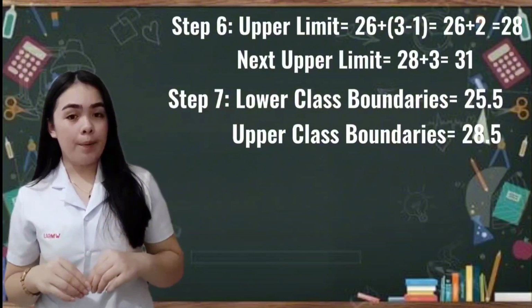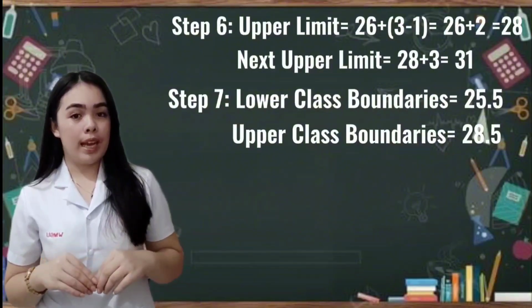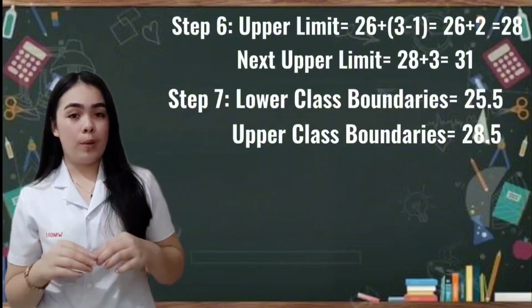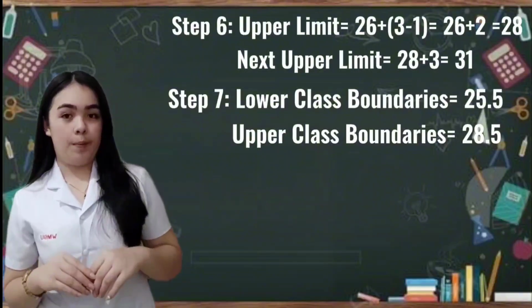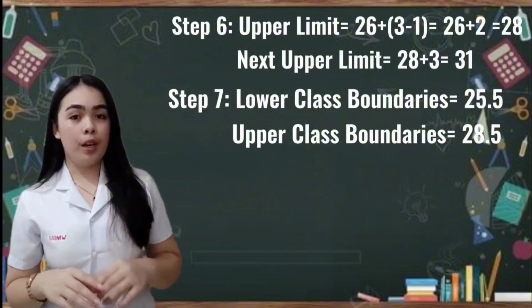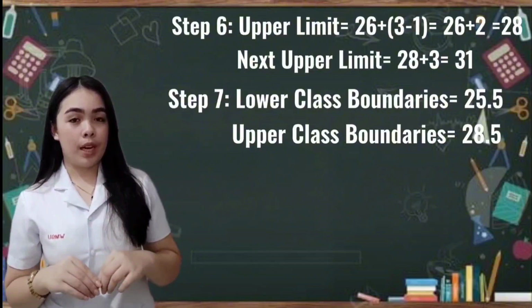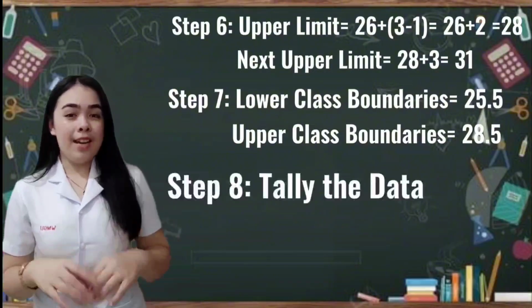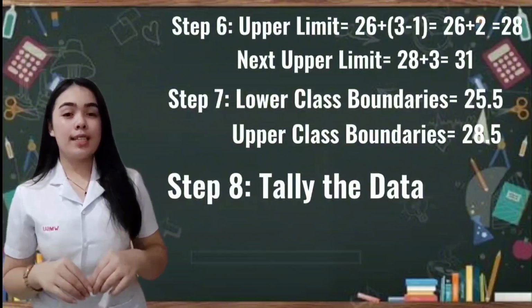So we just need to add 0.5 and that will become 28.5. So now we have class boundaries 25.5 and 28.5. The same goes for the next lower limits and upper limits. So always remember, for lower limits, you need to subtract 0.5, but for an upper limit, we need to add 0.5.